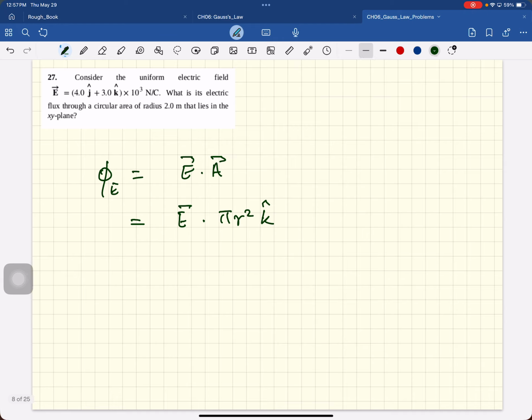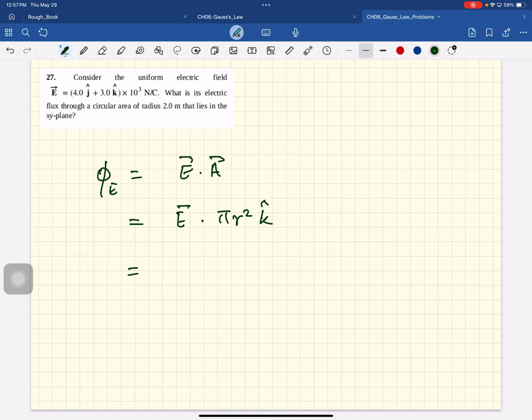If the area lies in the xy plane, the area is in the k direction. So E dot that, only the k term survives, so you get a 3. E is 4j plus 3k times 10 to the power 3, dotted with pi r square k hat. The units are Newton meter square per Coulomb.